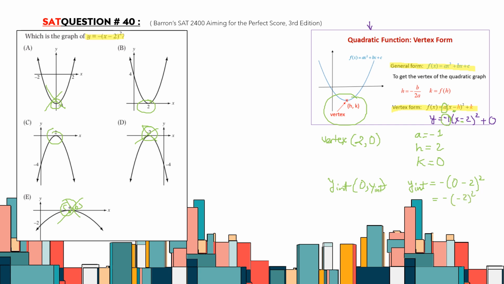When you square the negative 2, it becomes positive, but we still have the negative outside, okay? That becomes negative 4. So the y-intercept is (0, negative 4). That is your y-intercept. (0, negative 4) is this right here. So this one is 4, not negative 4, so B is not the right answer. So we choose C as the right answer.